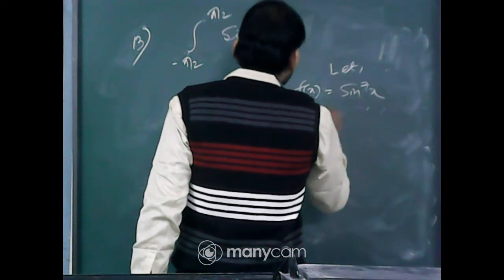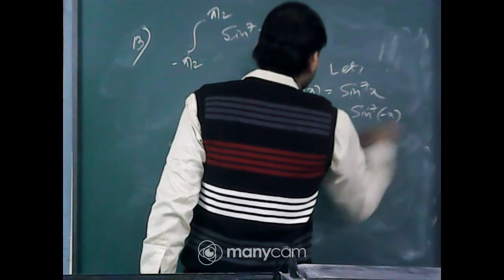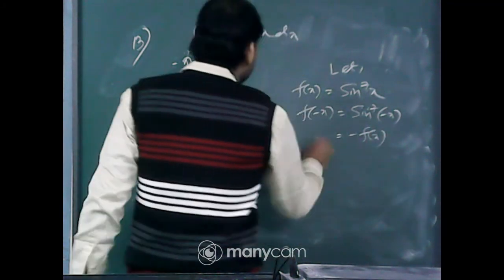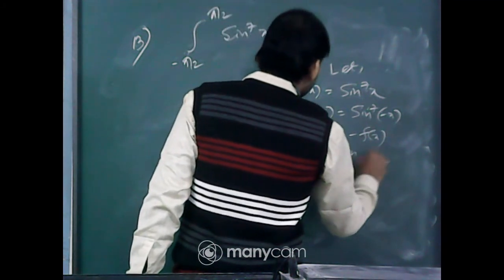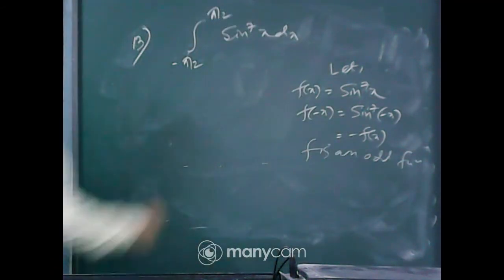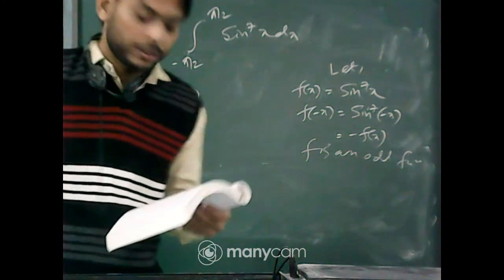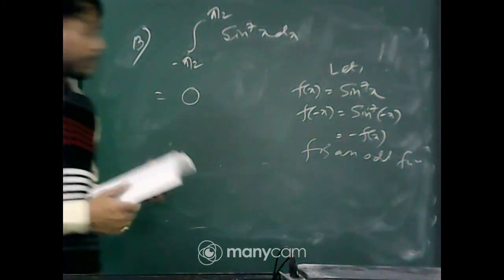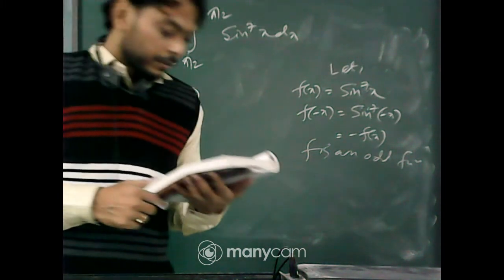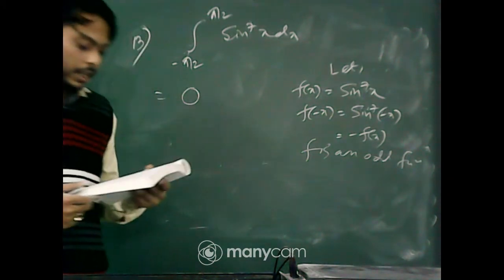So f of minus x equals, instead of x it is minus x, that means minus f x. So here f is an odd function. So you know the property, it will give simply 0. Very good short question, MCQ question actually. That is the property 2 of P7. We can write the answer is 0. That is our question number 13.